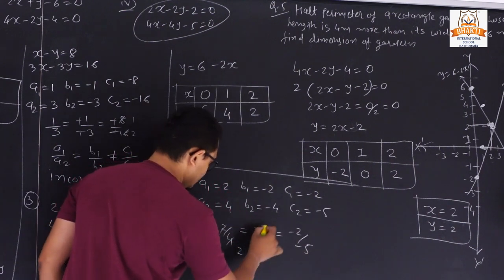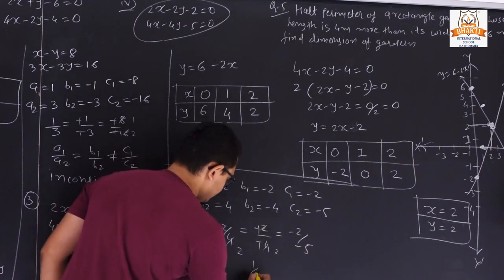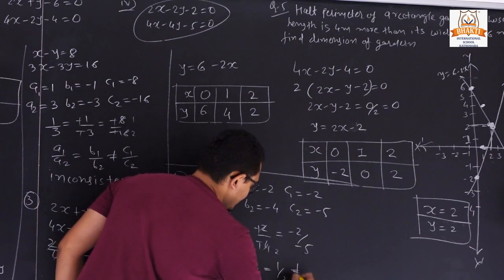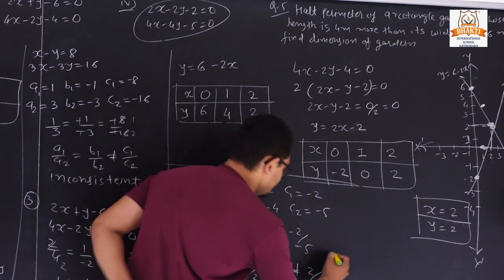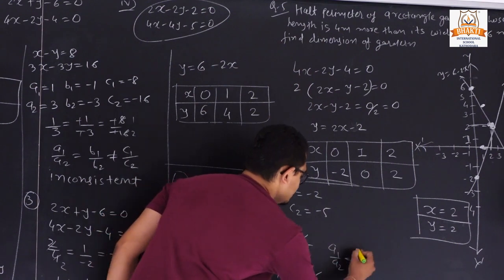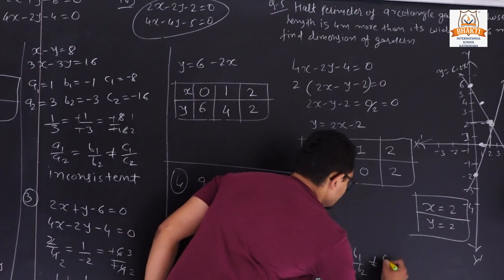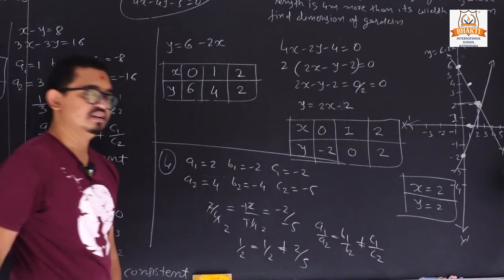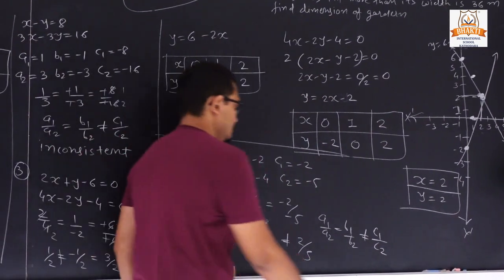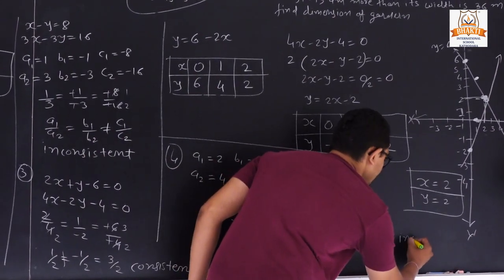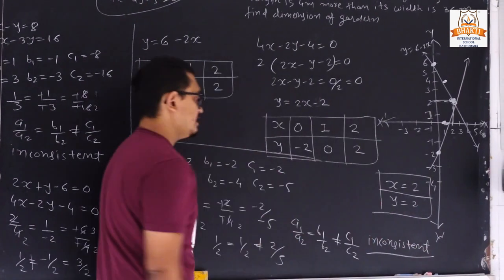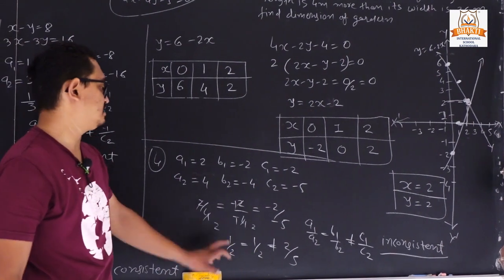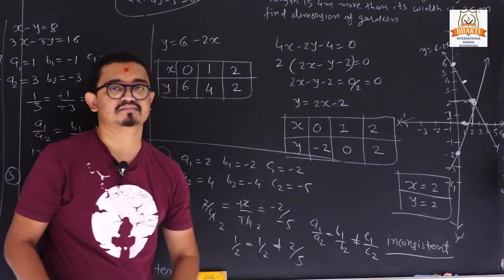So 1 by 2, 1 by 2, minus minus plus. So 1 by 2 is equal to 1 by 2 is not equal to 2 by 5. So which condition? a1 upon a2 is equal to b1 upon b2 but is not equal to c1 upon c2. So this linear pair has an inconsistent solution. Clear? Because it satisfied that condition.